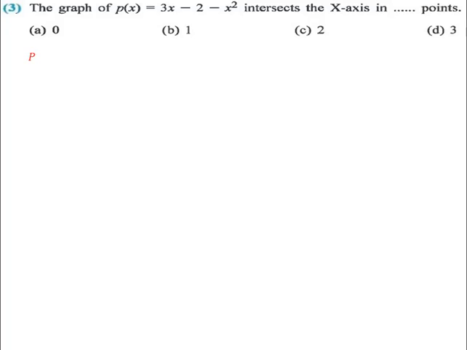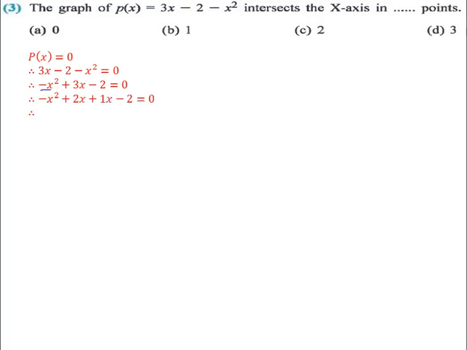Now p of x is equal to 0. Therefore, 3x minus 2 minus x square is equal to 0. We arrange in standard form. Therefore, minus x square plus 3x minus 2 is equal to 0. Here you can look.